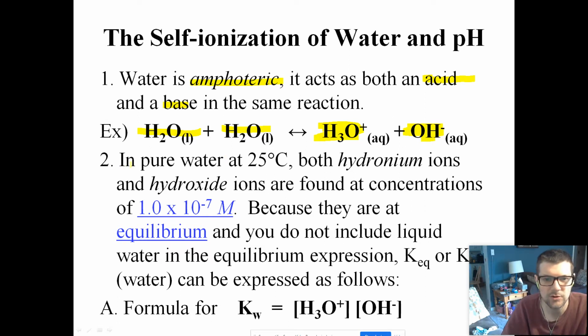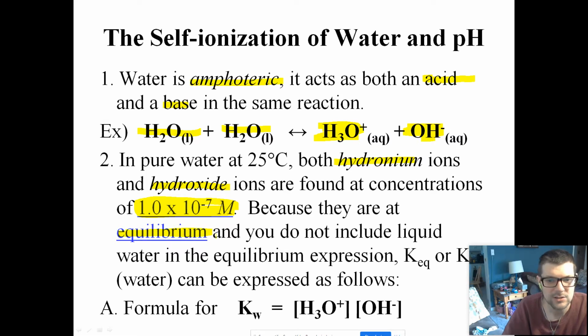So even in water that's just sitting there looking like plain old water, you're going to have hydronium and hydroxide ions both found within that water, and they're going to be found equally in concentrations of 1 × 10⁻⁷ molar, right? So we talked about concentrations in our solution. Because they're at equilibrium, right?